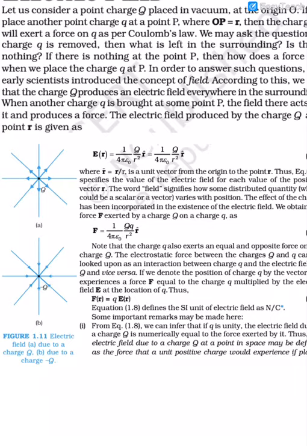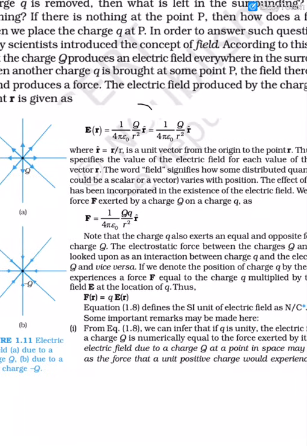If you take small q as a unit positive charge, then in the calculation of force you will not have any small q at all. So you will get 1 by 4 pi epsilon naught, q by r square, into r cap.